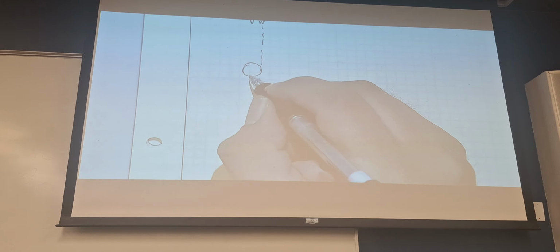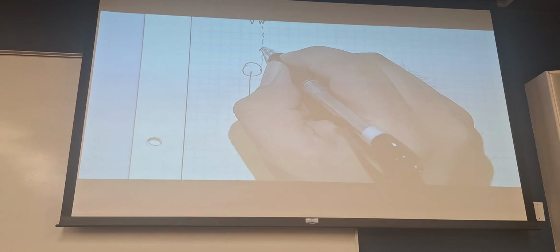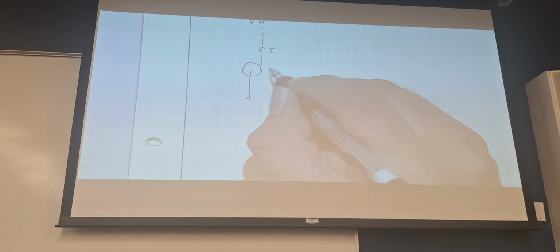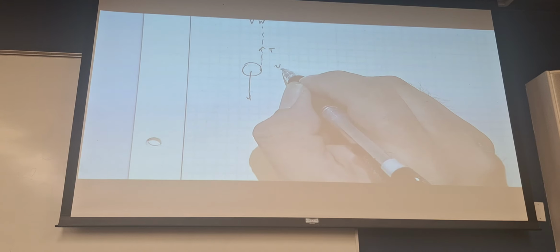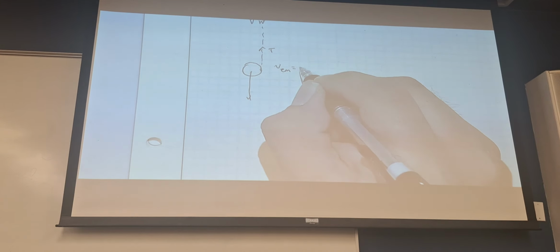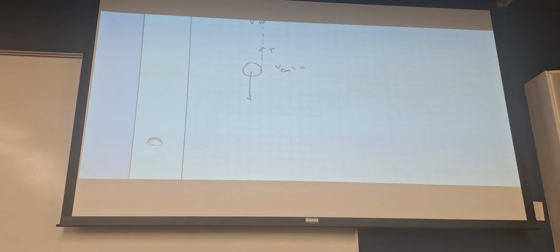And the question is, what is the relationship between the energy from its height and how much energy goes into its rotation, right?